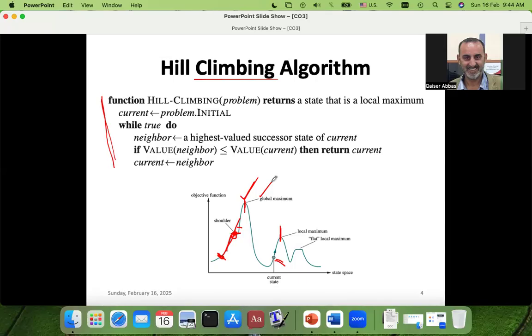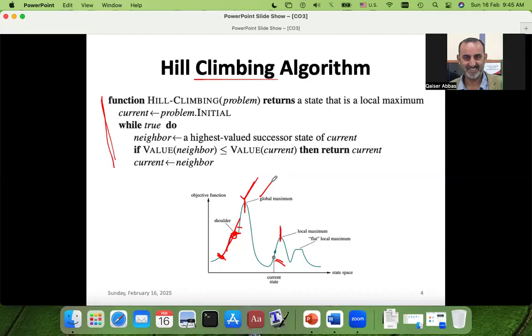So in this version, after restarting, if you again reach a local maximum or a solution, I can use the word solution, then you will check whether this new solution is better than the previous one, where your previous call to this algorithm was halted due to getting stuck on the peak.